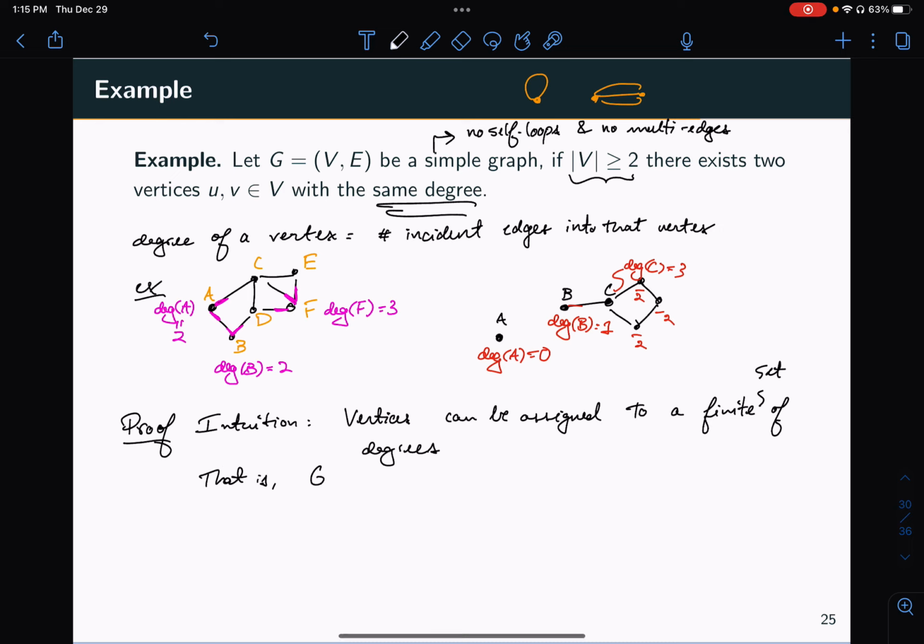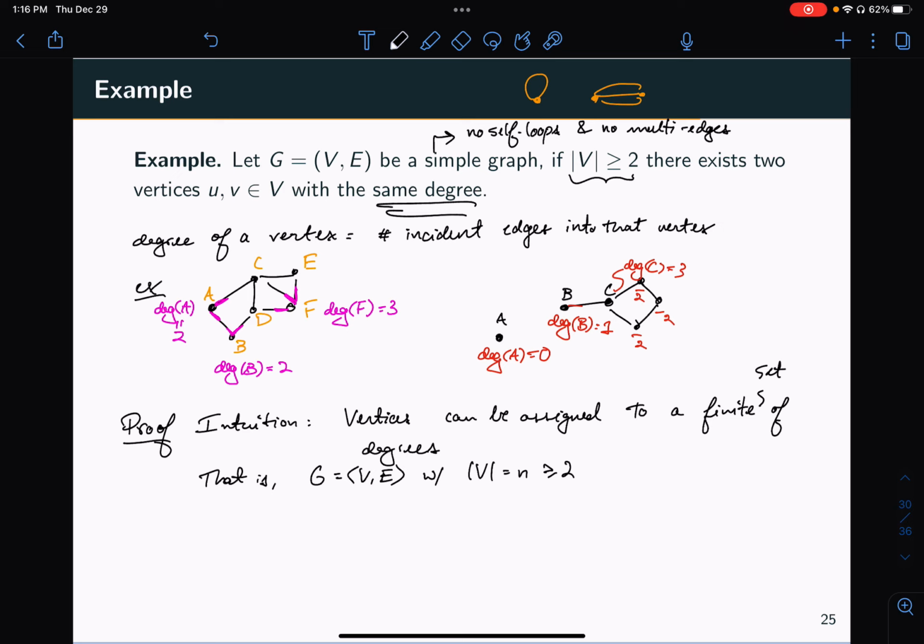What I mean by that is, if I have a graph G with vertex set of size n, suppose n is a natural number. It has to be a natural number because n represents the number of vertices of the graph. Of course, n must be finite because we're not dealing with infinite graphs. And I know that n is greater than or equal to 2.